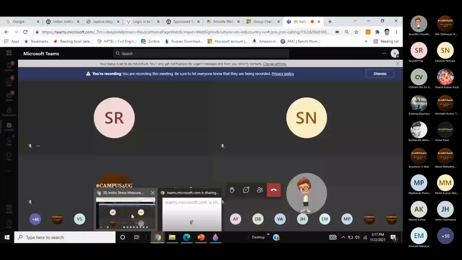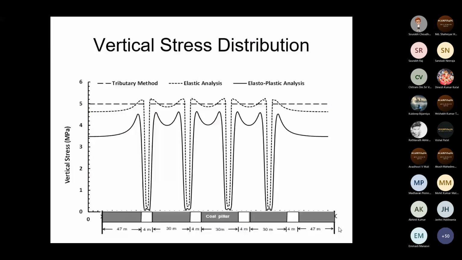Look at this figure and tell me what is the difference.